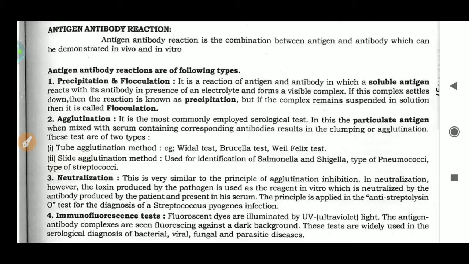Alright. The second type is agglutination. So what is agglutination? It is the most commonly employed serological test, and in this the particulate antigen, when mixed with serum containing corresponding antibodies, results in clumping or agglutination.